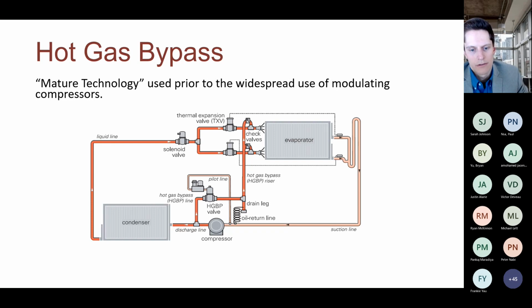That's another way to control your capacity, but typically we don't see that on DOAS units because when you bypass the evaporator coil, you're mixing air downstream of it, and so it's not a very good method of controlling humidity because you're still keeping humidity in that mixed air.